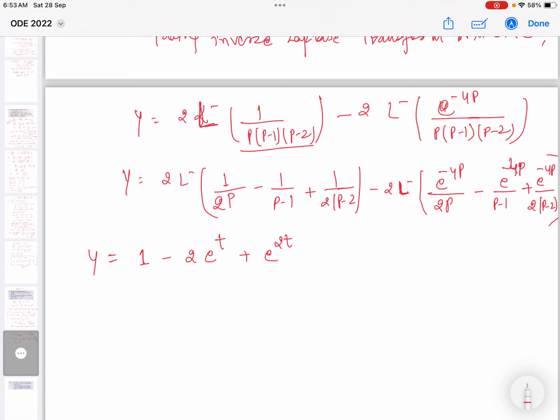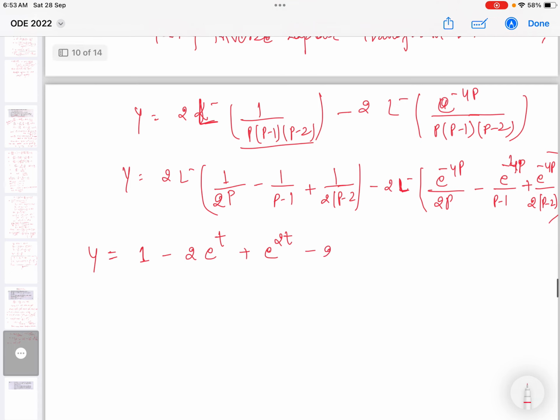Yeah, we are correct. Multiplying 2 into each term, that will become e to the power minus 4p, with the terms shifted by 4.